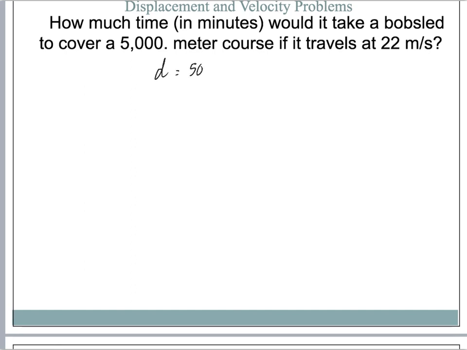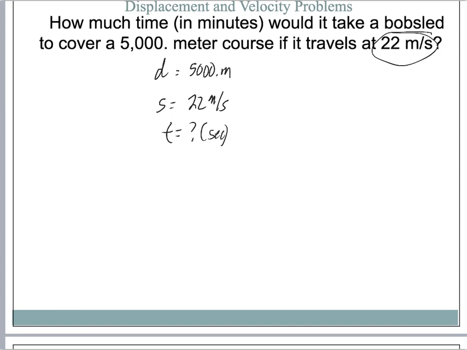I'm going to write distance instead of displacement because it's given without a direction. It travels 22 meters per second, so that is a speed and not a velocity. We're trying to find t.